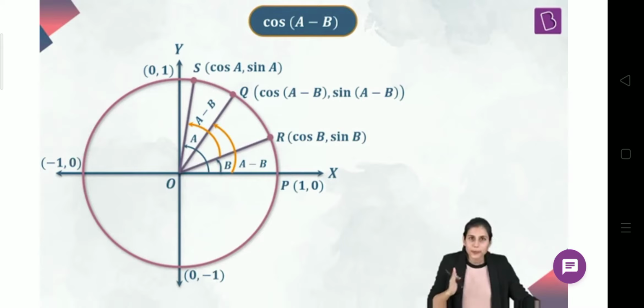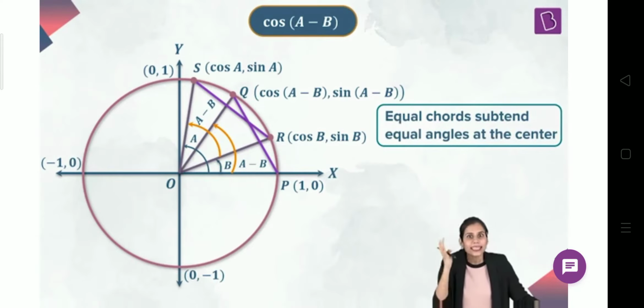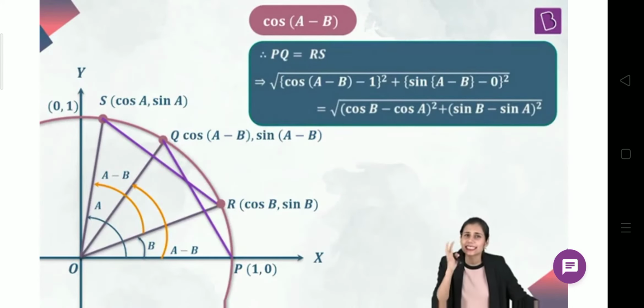See, angle POQ is actually the angle subtended at the center of the circle with the help of the PQ chord of measure A minus B. Yes, similarly, angle ROS is also an angle subtended at the center of the circle by the RS chord again of the same equal measure A minus B. But I know as a matter of fact that only equal chords can subtend equal angles at the center of the circle, and hence I obtain that the length of the PQ chord is exactly same as the length of the RS chord.